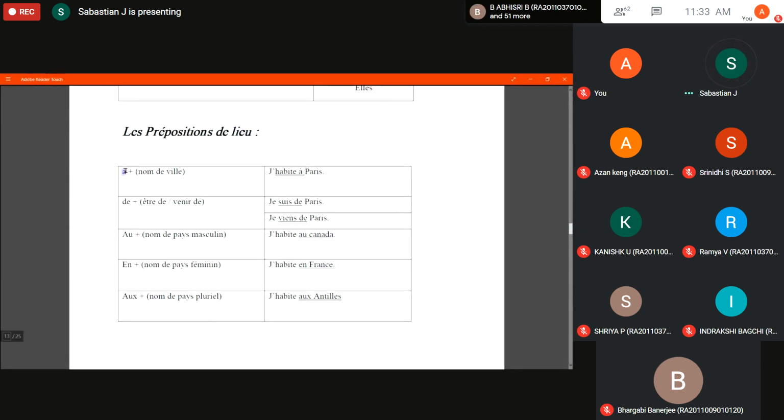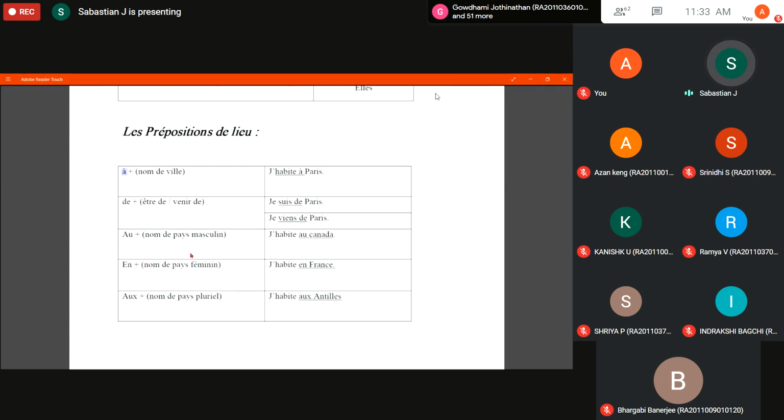One, à with grave accent. À means in, at, to. These three translations can be given for this preposition à. It is normally used when you refer to a place, particularly if it is a city.